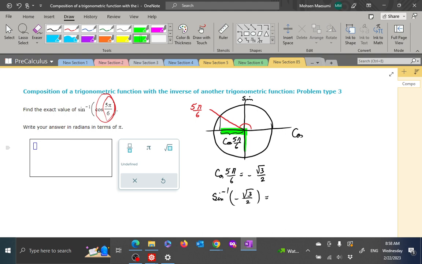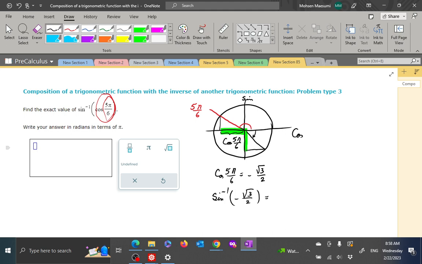Since this is negative, I have to go down, and then figure out an angle in the appropriate range of sine inverse, which we said is in quadrants 1 and 4. So I want to go in this direction, connect this to the origin and find this angle.